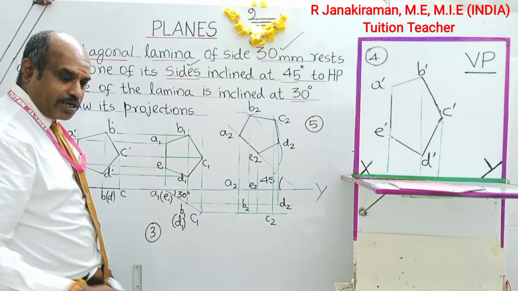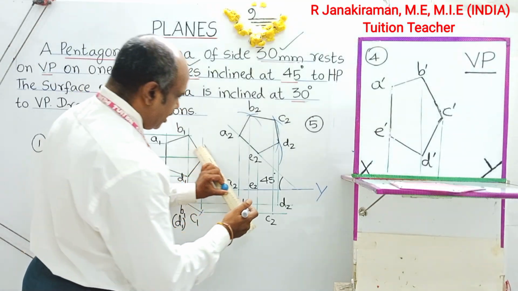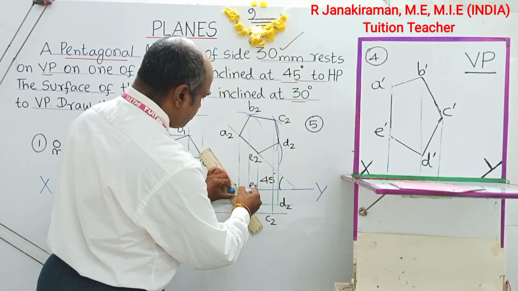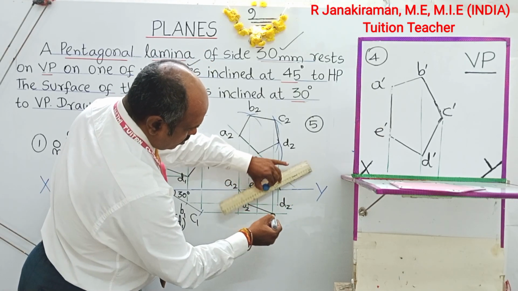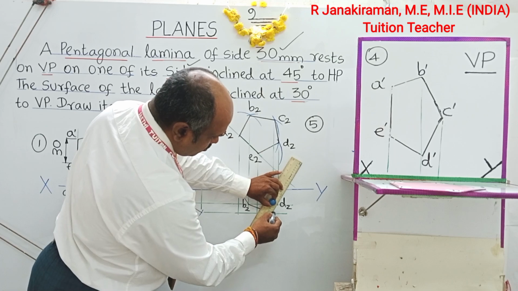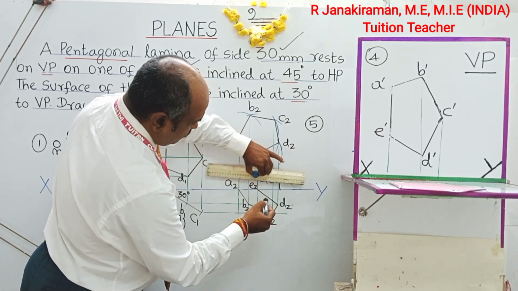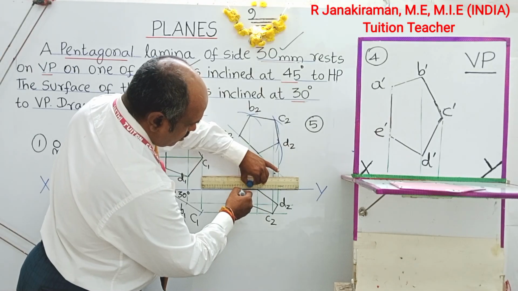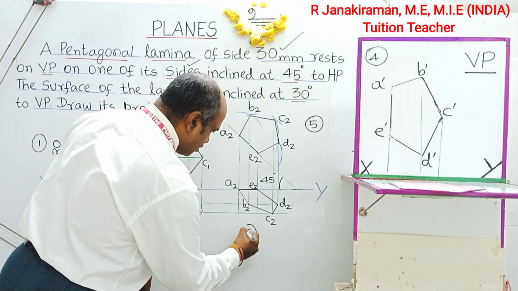So join all those points with an HB pencil. Go in sequence. A2 join with B2, with C2, with D2, with E2, with A2. This is our sixth diagram, the final top view, completed.